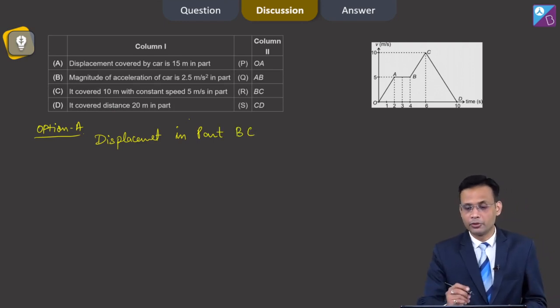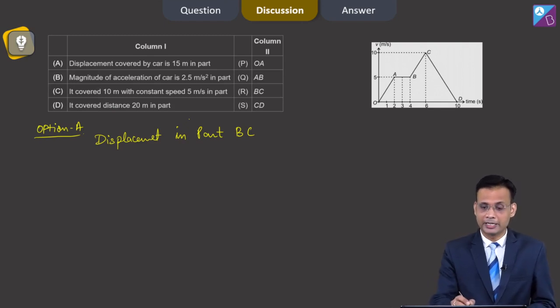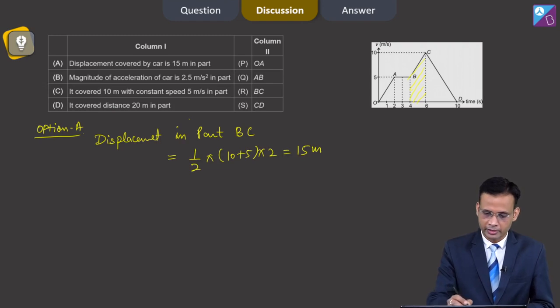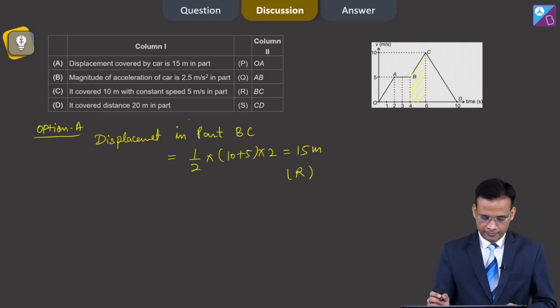So, students, as we know that area under the curve of velocity time graph gives displacement. So, the displacement in part BC is equal to area under the curve, which is half into 10 plus 5 into 2, that is equal to 15 meter. It means this option matches with our option R.